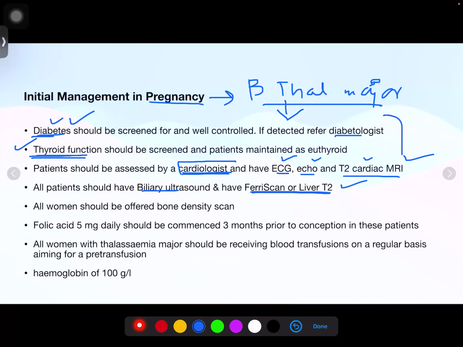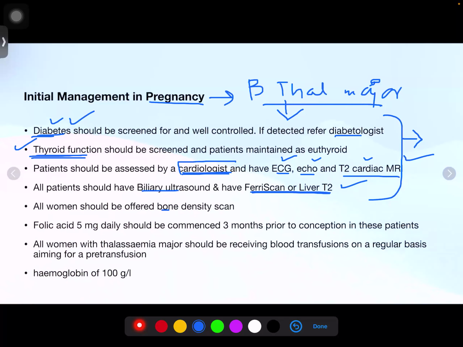Okay, so basically all the organs are compromised due to multiple transfusions. So they are iron overloaded patients. That's why their assessment of all these organs has to be done, to see how they are functioning, and they would be given the iron chelator drugs during the pregnancy.